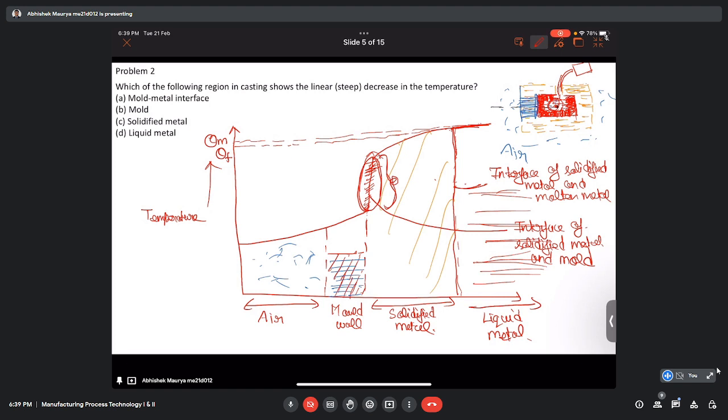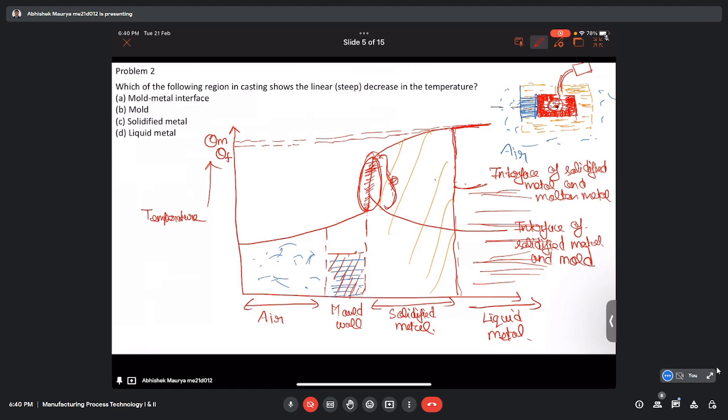This drop of temperature happens at the metal-mold interface, and that happens because there is some formation of an interlayer, or if you go to the micron level, then there is a gap, or a region where the contact has not taken place correctly, or there is a gap between the solidified metal and mold material.